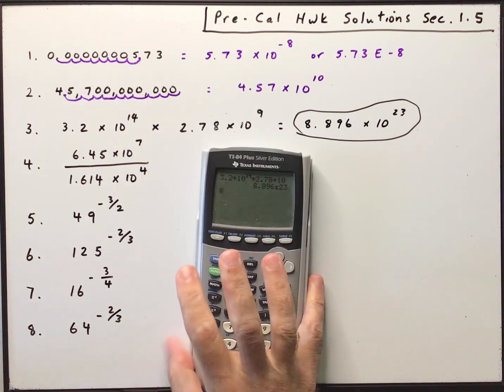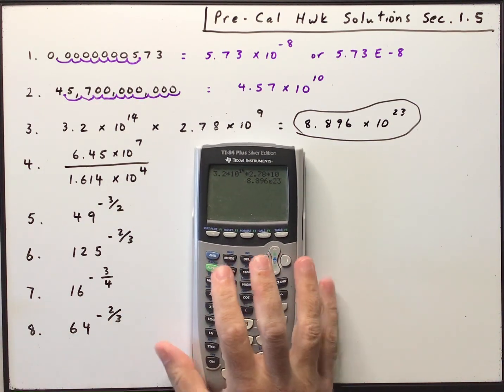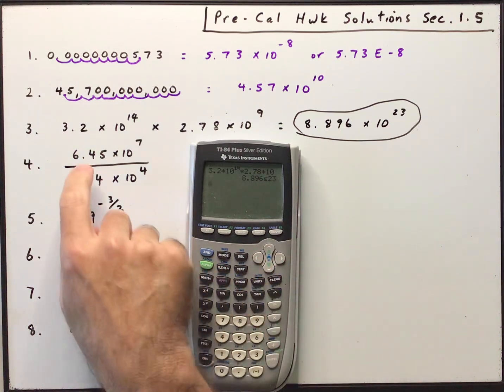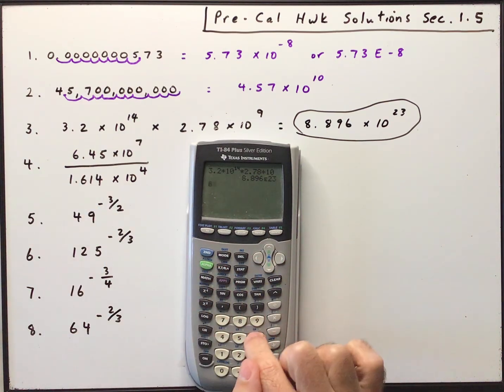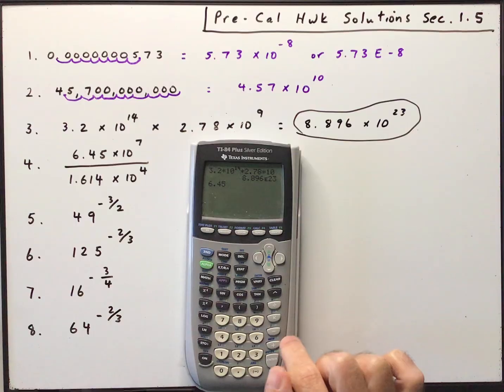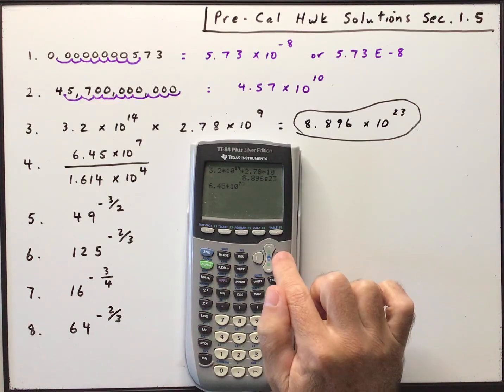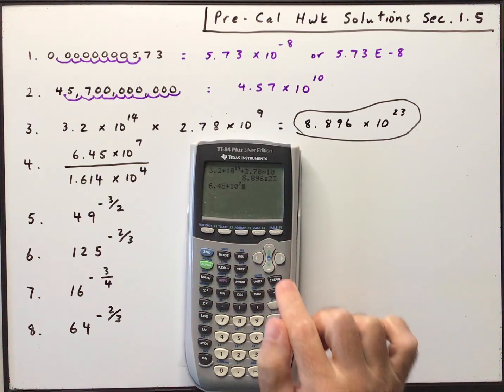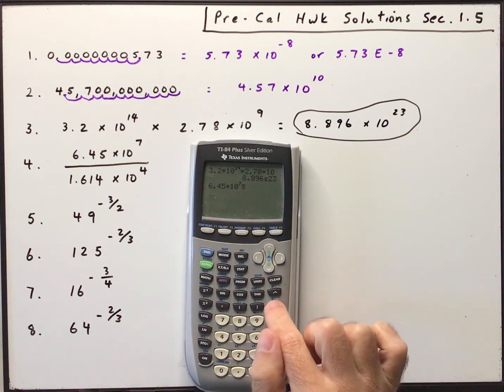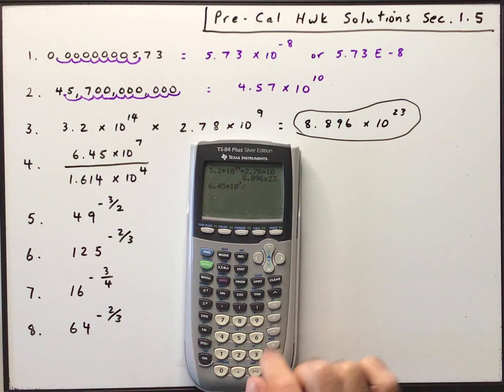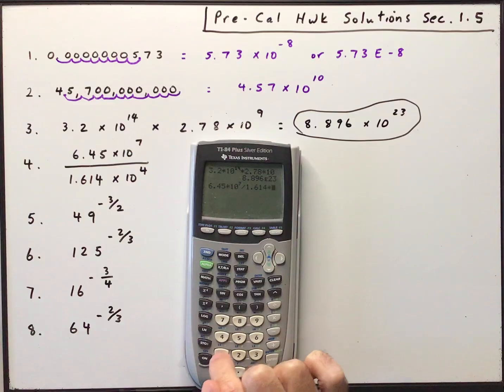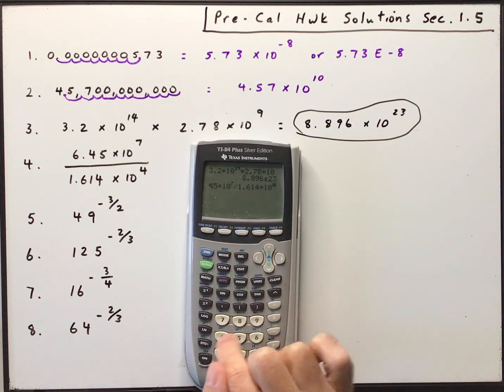Okay, and then let's do number 4. That'd be 6.45 times 10, we're dividing this time, to the 7th, and then make sure to right arrow off of that to get out of the exponent, and then divided by 1.614 times 10 to the 4th.